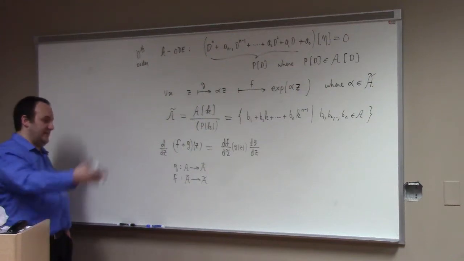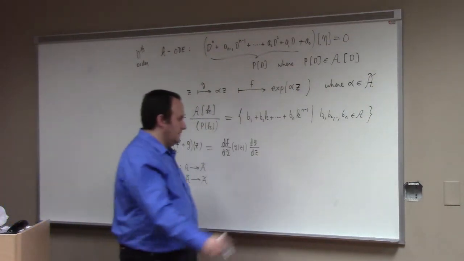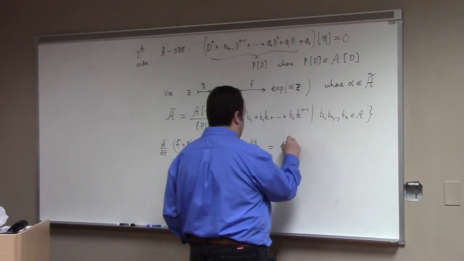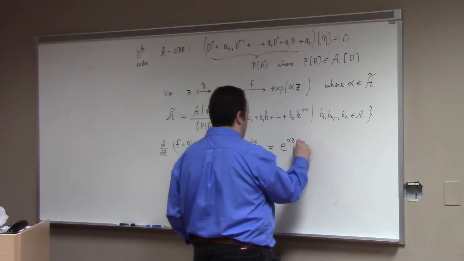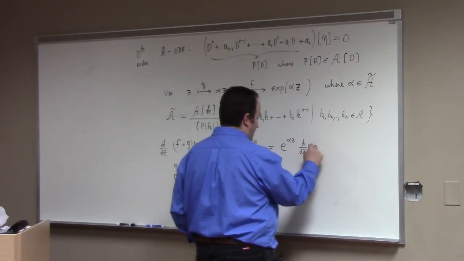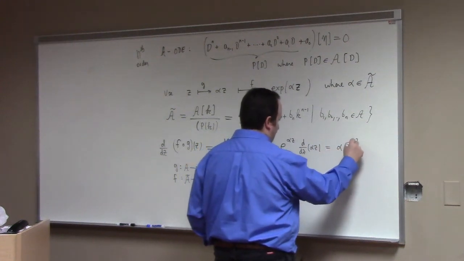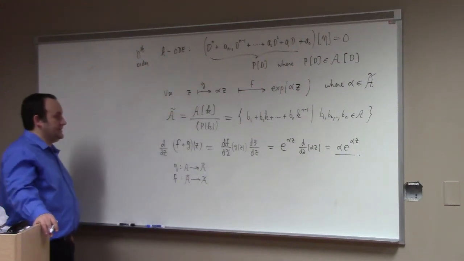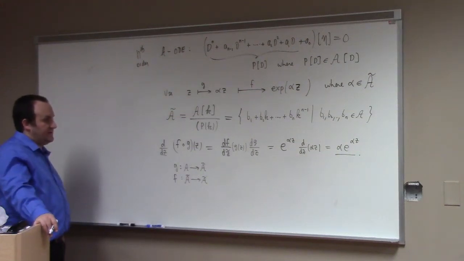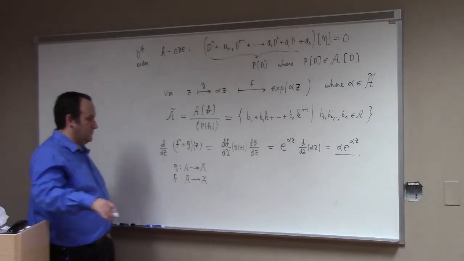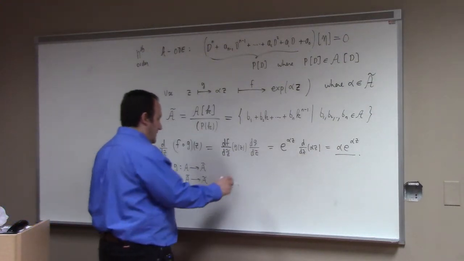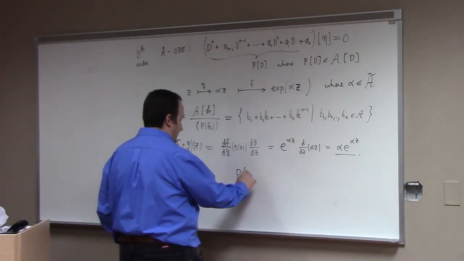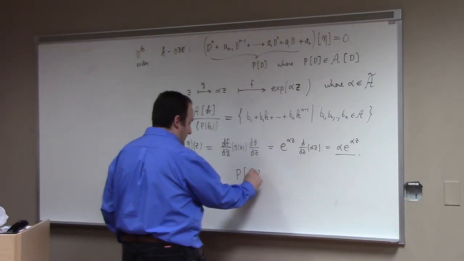Okay, so anyway, there's that chain rule, and then for this one, that just looks like e to the alpha z, times d dz of alpha z, which of course is alpha e to the alpha z. And then shortly thereafter, we can calculate P if it acts on e to the alpha z, right?